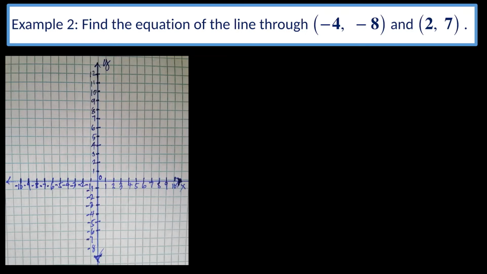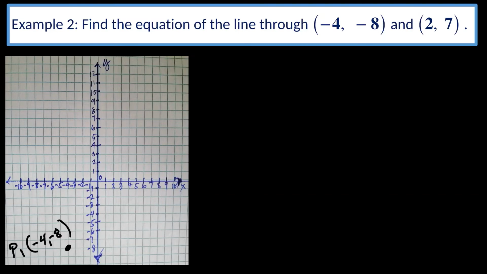Let's start with -4 and -8. -4 and -8 is somewhere here. This is -4 and -8, and let's say this is our point 1.